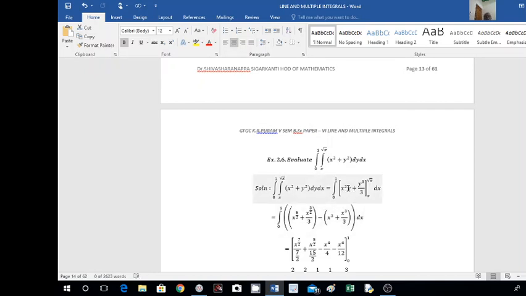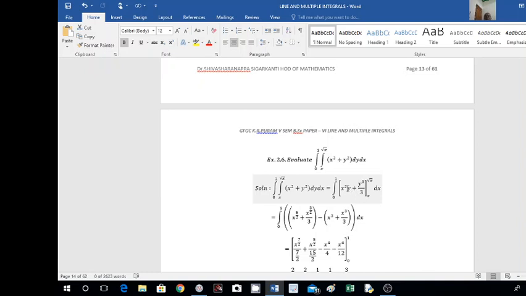This is x² into root x, means x to the power of 5 by 2, plus, if I put y equal to root x here, this becomes x to the power of 3 by 2 by 3, minus. Wherever y is there, we have to put x² here.